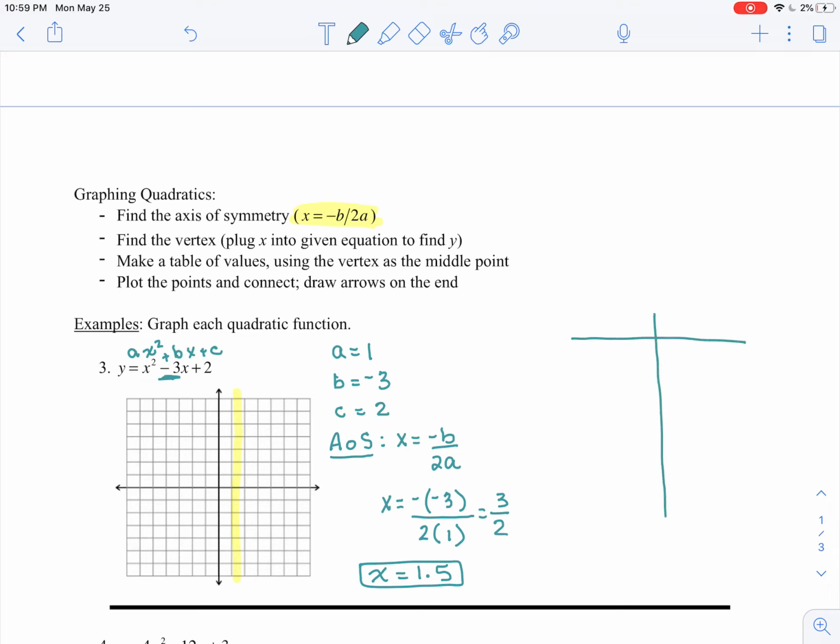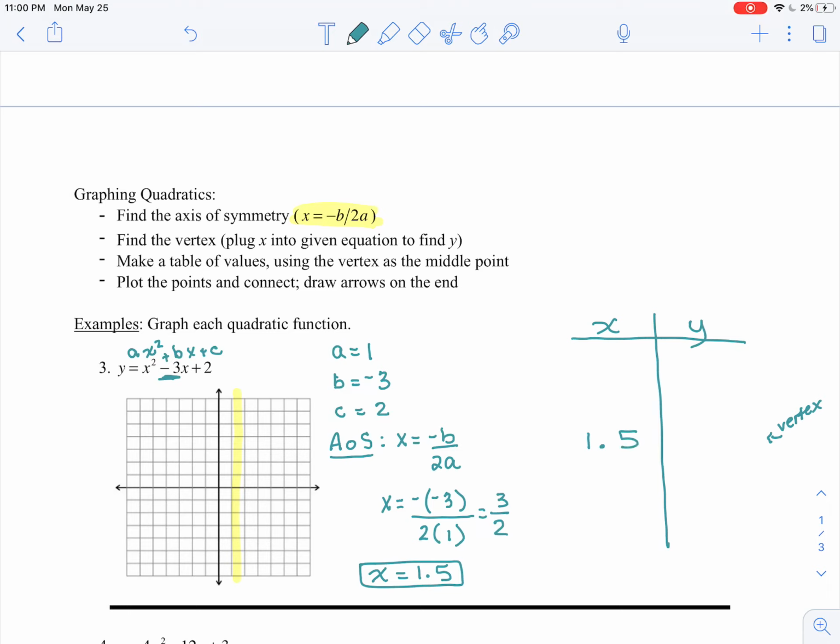We're then going to use that to help us create a table of values. When we make our table of values, the axis of symmetry, the vertex, really, is always going to be the center of the graph. The vertex is the center of our graph, so it's always going to be the center of our table as well.